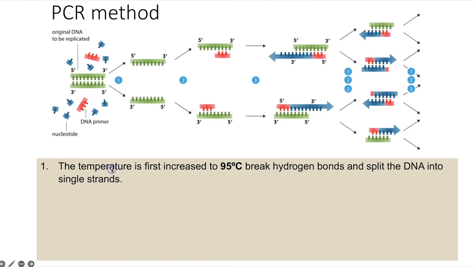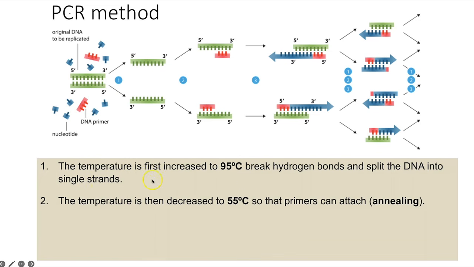So the method then: the temperature is first increased to 95 degrees C to break the hydrogen bonds between the two DNA strands. So we now have two single strands of DNA, and they both act as a template. The temperature is then decreased to 55 degrees C, so it's cool enough that the complementary DNA primers can align opposite those complementary bases and form hydrogen bonds to hold them in place.